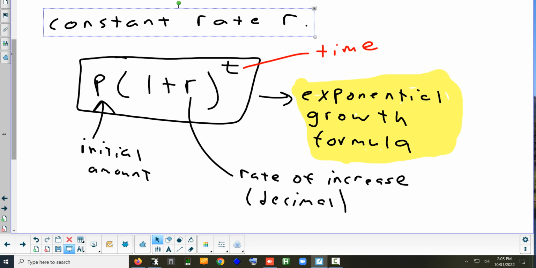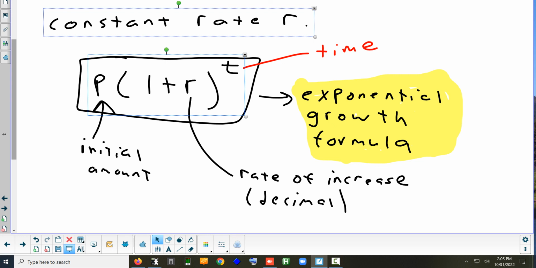P is an initial amount that you're starting with. R is a rate of increase, but it has to be as a decimal. So for example, if I said to you 12%, can someone tell me what is 12% as a decimal? 0.12. Okay, so we have to write that as a decimal.